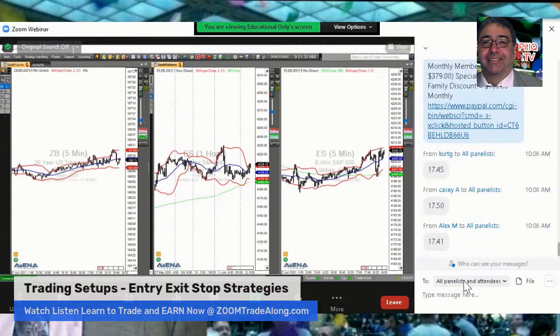Our next level of resistance would be up at the 14 area. If you're trying to stay long against that level, have a trailing stop.